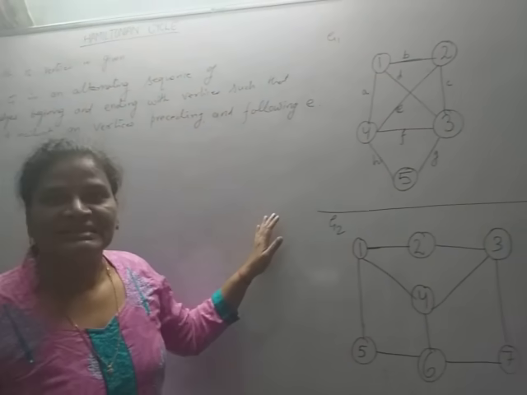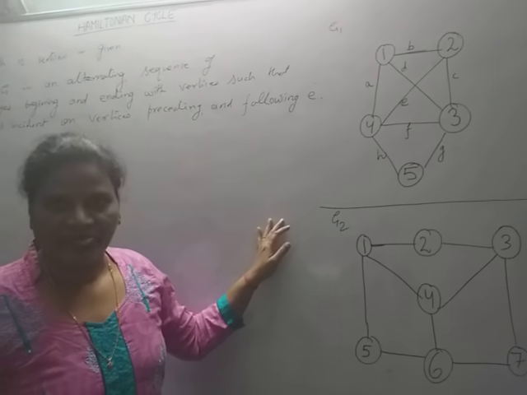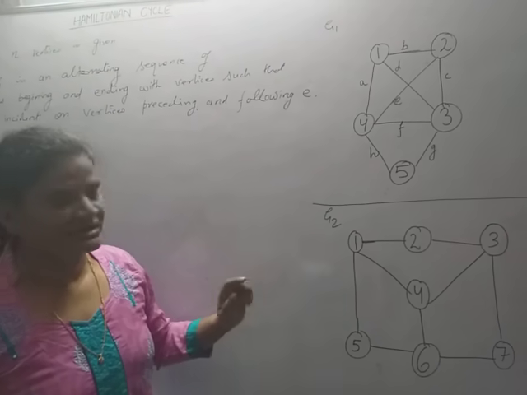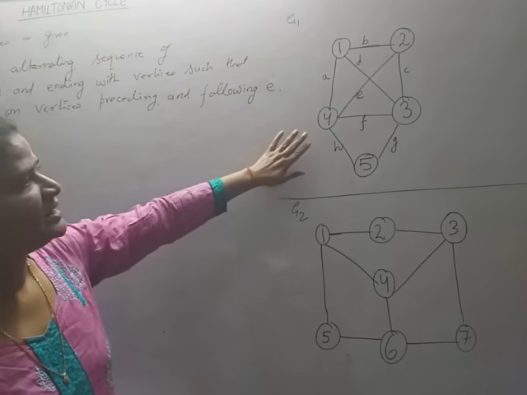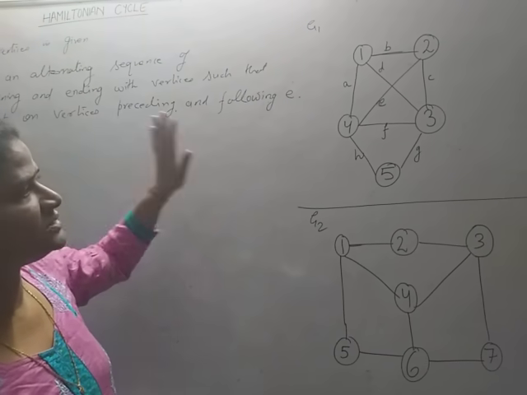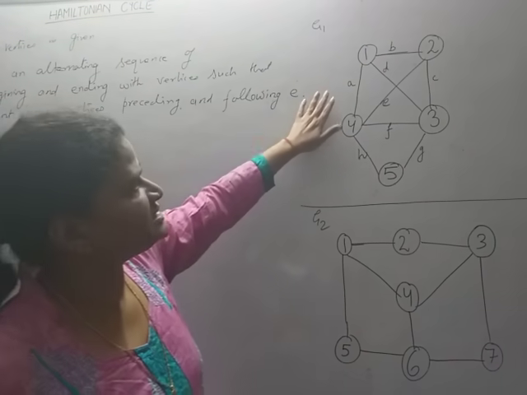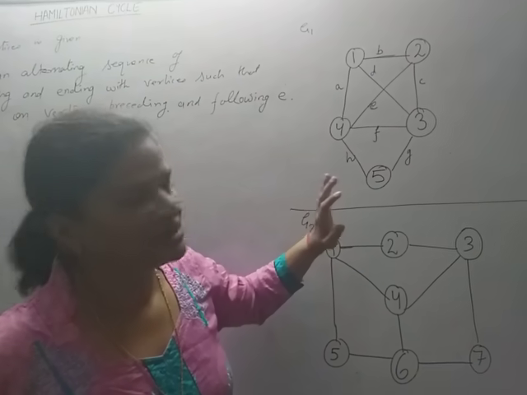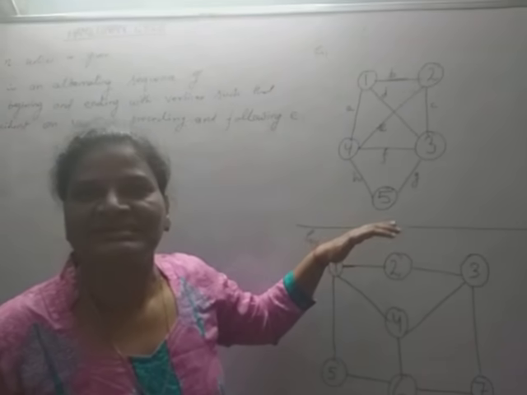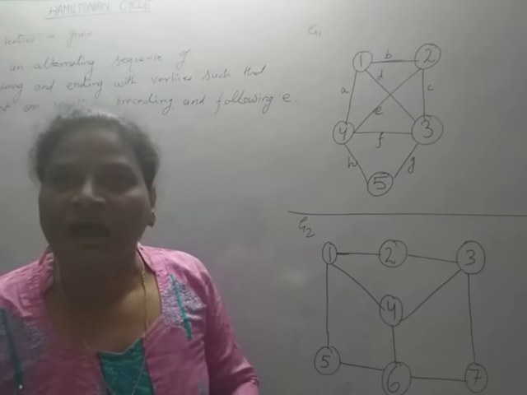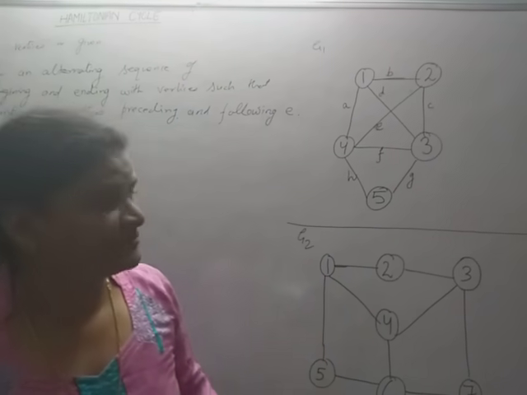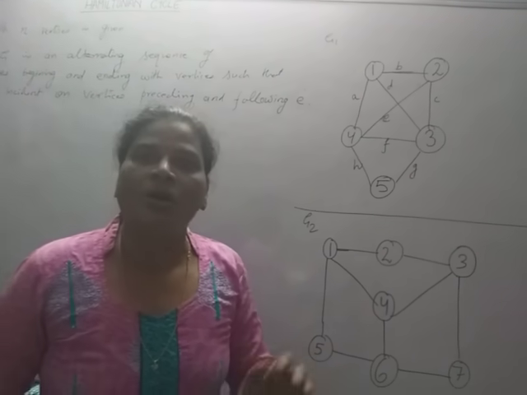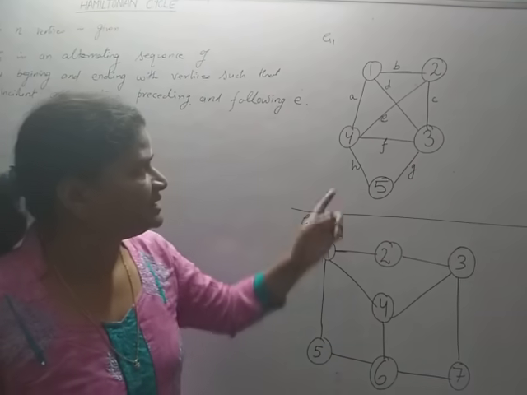A walk simply means traversal of the graph, and it can start from any vertex. According to the definition, the walk can start from 1, 2, 3, 4, 5 or any vertex. Simply consider a walk as a traversal without any restriction. Without restriction means an edge can be repeated or a vertex can be repeated.